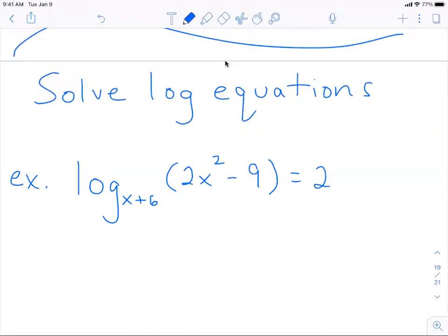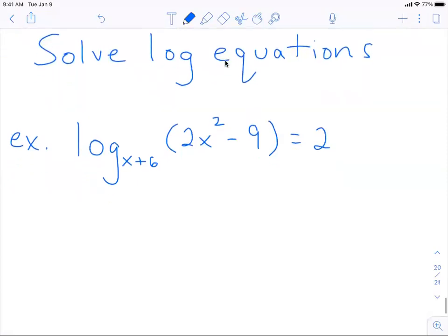Now to solve this, it doesn't require anything new for us to do, but it's harder. It just has some different properties to it. So what we're going to do is put this into exponential form. That will move over, and that will move up.